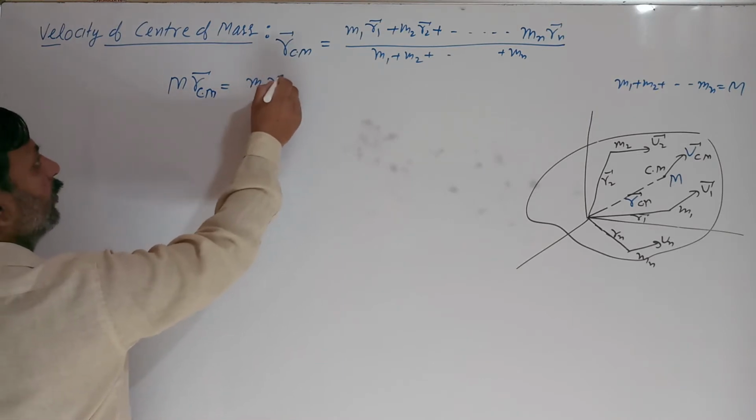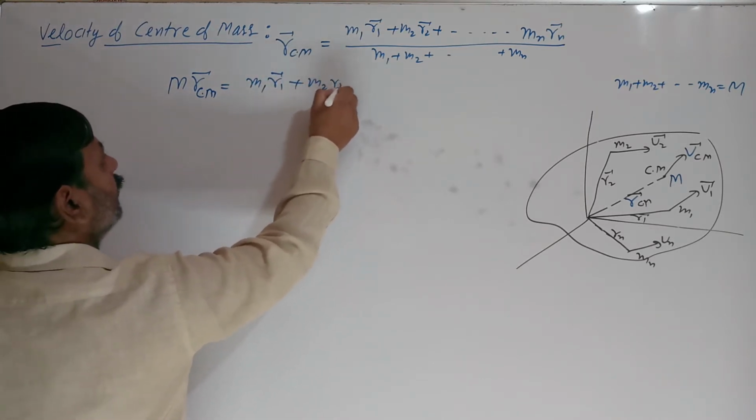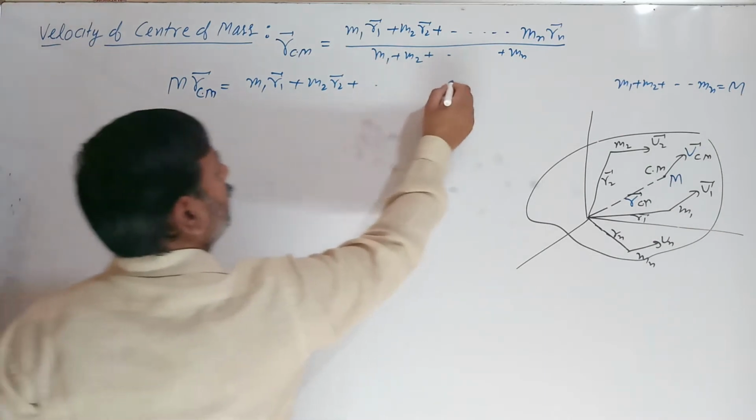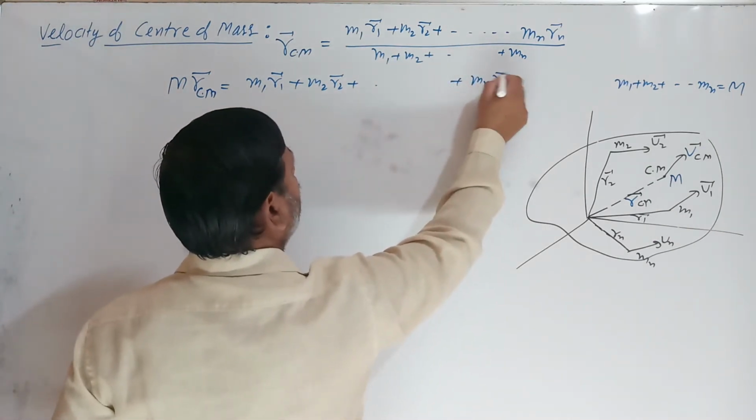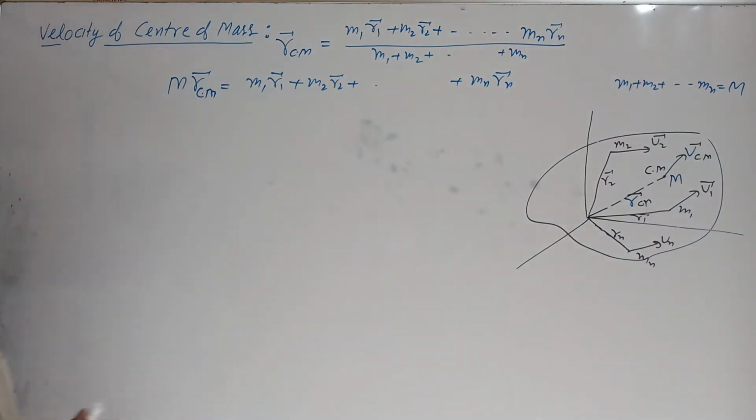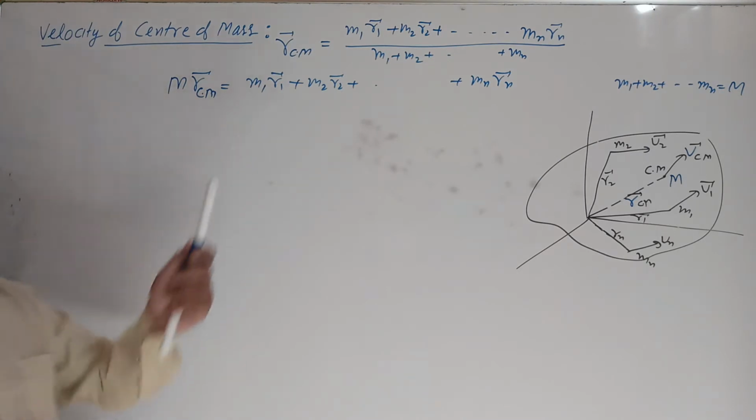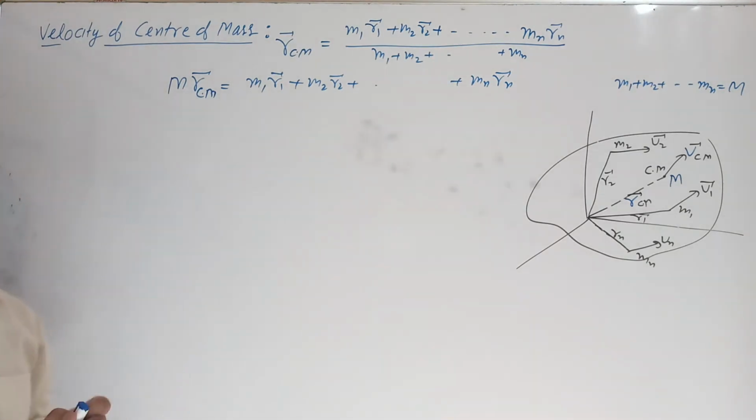is equal to m1 r1 plus m2 r2 plus mn rn. So this is the expression for the center of mass.